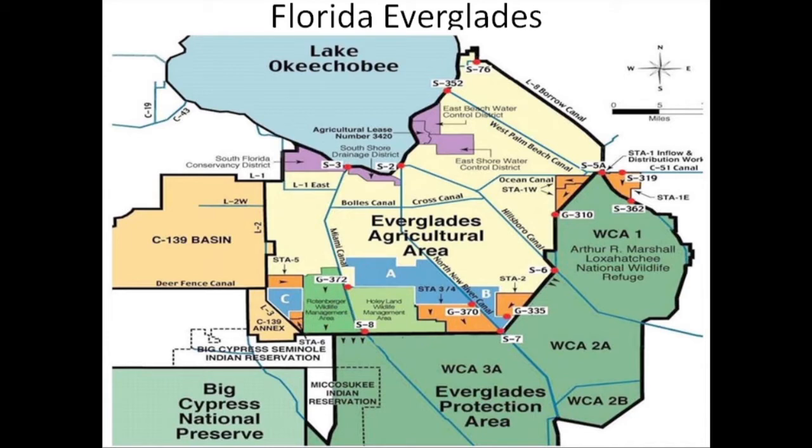And so by the time it gets to Everglades National Park, you have phosphorus levels down below 10 parts per billion, which is pretty low. As you can imagine, just by looking at it, the geospatial systems are tremendously important.